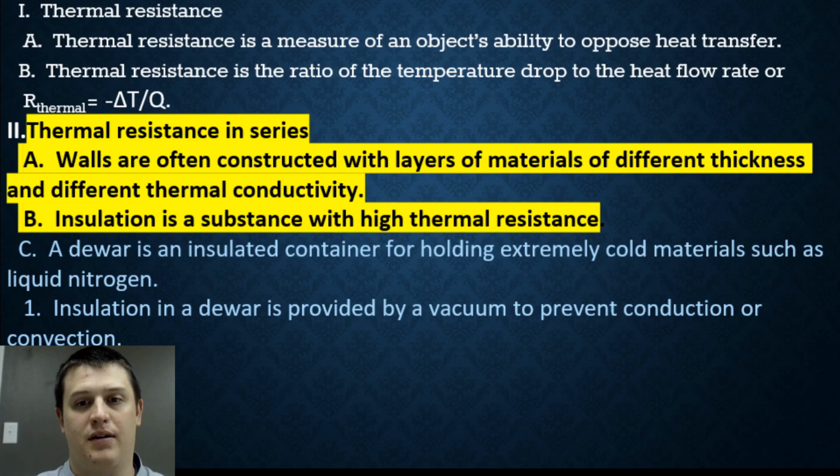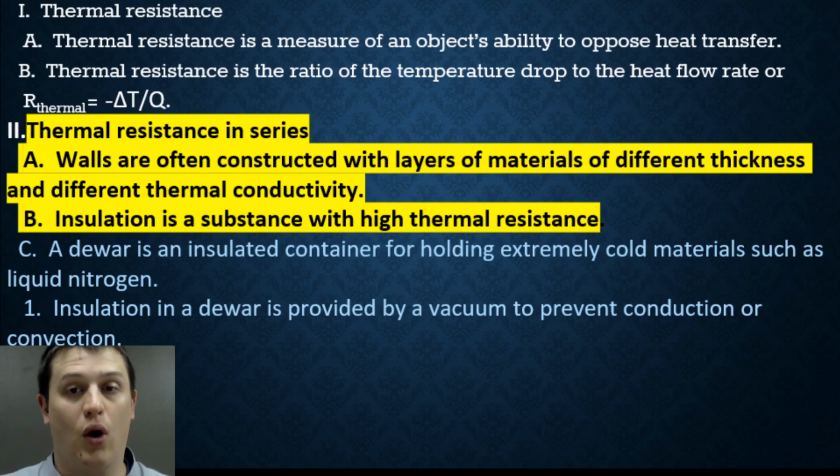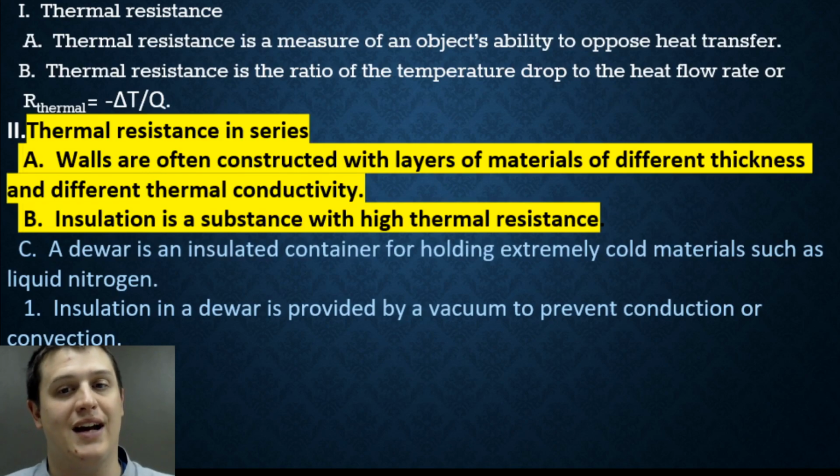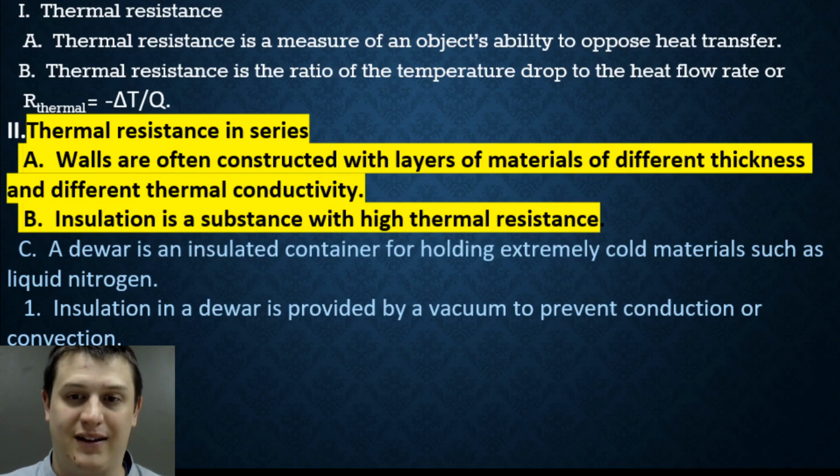A dewar is an insulated container for holding extremely cold materials such as liquid nitrogen. So if you know what liquid nitrogen is, it's that really cool stuff that comes out, it's really cold. To keep it cold, you have to make it into liquid nitrogen, because nitrogen is typically a gas. You make it really cold, it turns into a liquid, and then you have to keep it really cold, so you use a dewar.